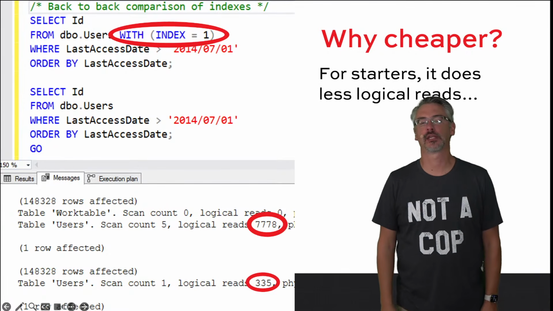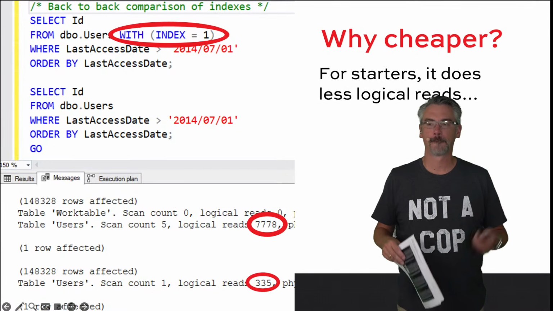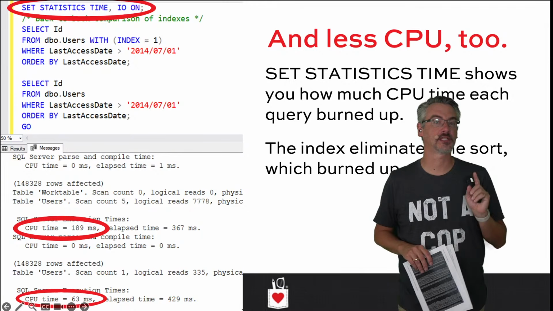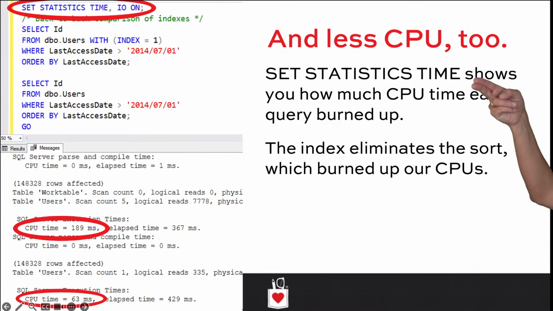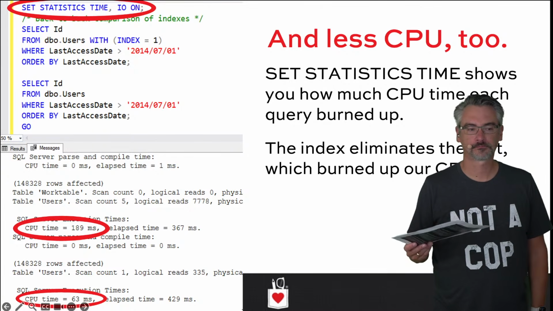Most people know that indexes do cause us to do fewer logical reads. It's also cheaper in terms of CPU. Remember that SET STATISTICS TIME that I hinted at in the last part? I said SET STATISTICS TIME ON shows how much CPU time you burned up. That index, because it eliminated the sort, means we don't have to do so much CPU work.